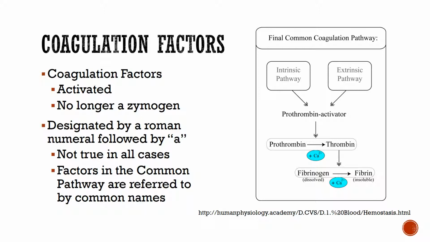There's a prothrombin activator, a prothrombin plus calcium to a thrombin, and then down to fibrinogen and fibrin. And so instead of using our Roman numerals, we use the synonyms for these factors.